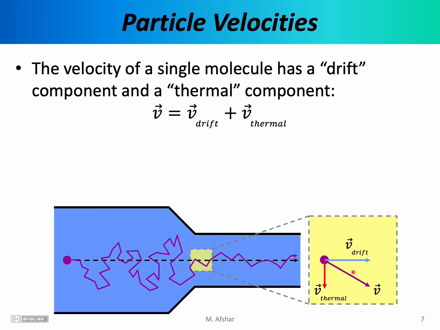The drift component is basically along the flow of the fluid. The thermal component is basically a random component. All of the molecules in the fluid essentially have the same drift velocity, but the thermal velocities are going to be different for every molecule at different times.